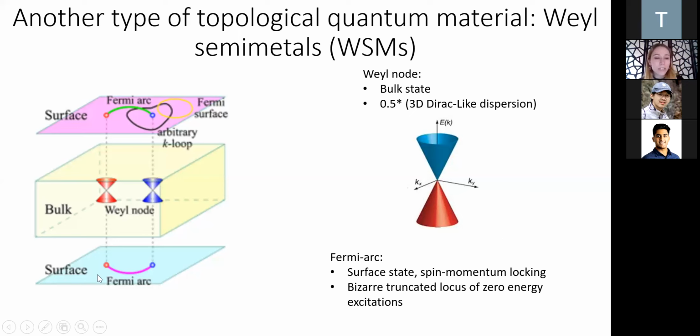On the surface, there's a very unusual structure called a Fermi arc, which is also a spin momentum locked structure, but it's a bizarre thing that's not a closed contour, but an arc. Most features in crystalline solids in momentum space are closed features. Fermi arcs are very bizarre and seen only in limited contexts.